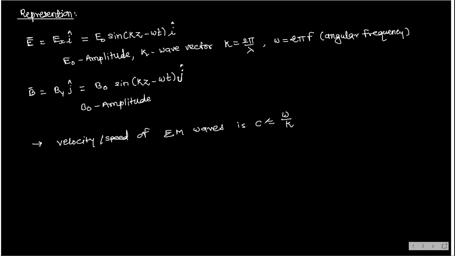Same like in waves, how we got v is equal to omega by k, same here also, c is equal to omega by k. And also this c is equal to 1 by under root mu naught epsilon naught.